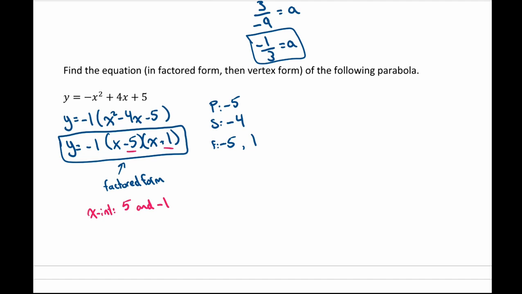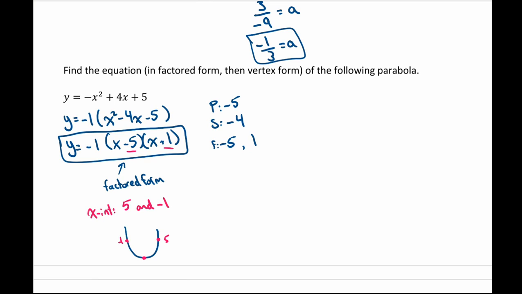Because my x-intercepts are 5 and -1, we know on either part of my quadratic, at -1 and 5, I have my x-intercepts. And if I want to find my vertex, I know that my vertex is going to be directly in the middle.